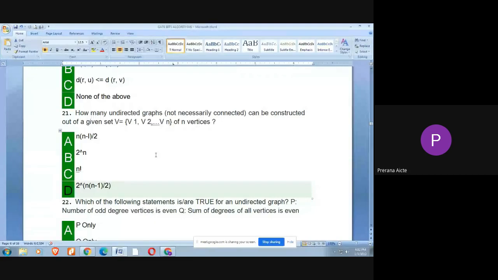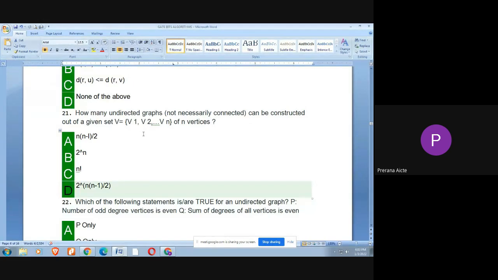How many undirected graphs can be constructed out of a given set of n vertices? In an undirected graph, there can be a maximum of n(n-1)/2 edges. So n(n-1)/2 edges can be formed.